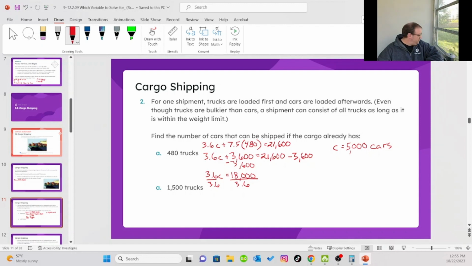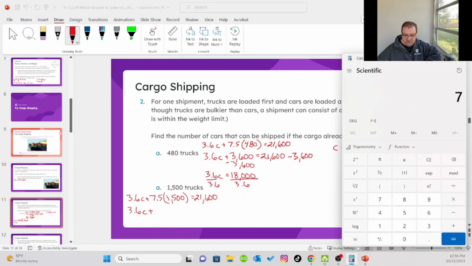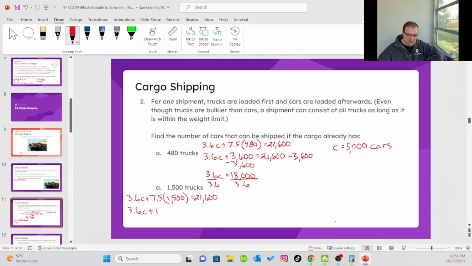Next, we have 1,500 trucks. So again, 3.6C plus 7.5 times 1,500 equals 21,600. 3.6C plus 7.5 times 1,500 equals 11,250.